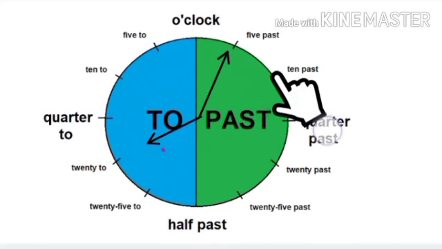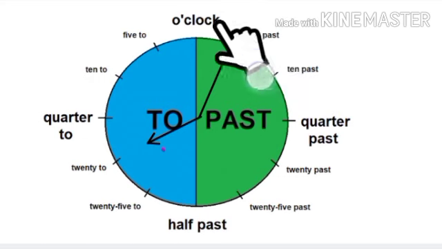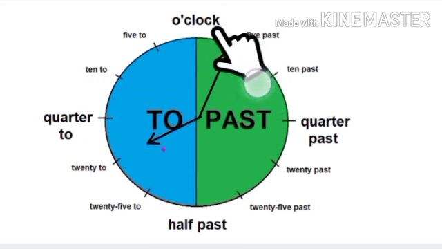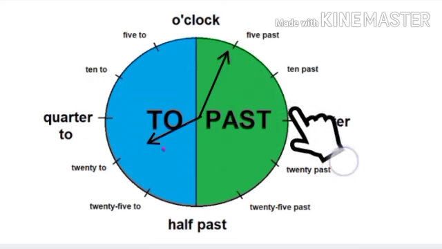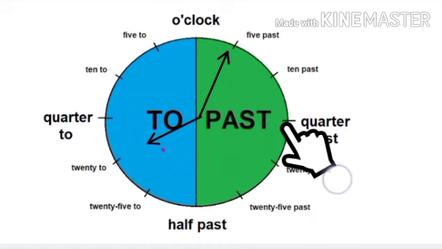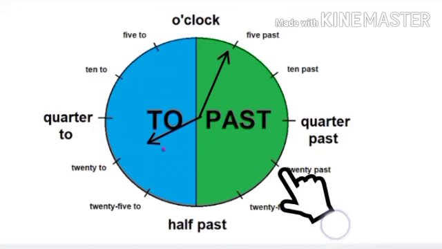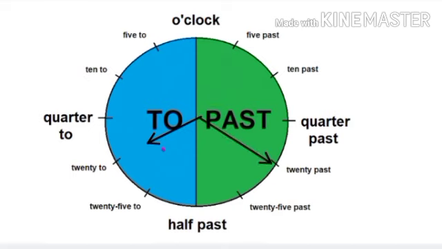If the minute hand shows the 2, we can say 10 minutes past 8. And this is a special thing. Already you have learned that is quarter past. And if the minute hand shows 4, we can say that is 8 o'clock 20 minutes, isn't it? So we can say 20 minutes past 8.